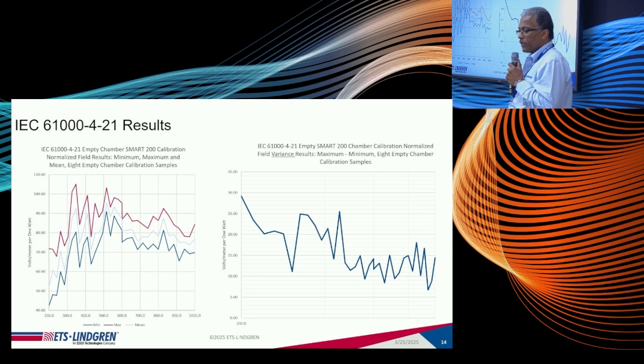So let's look at some of the first set of results. So this is the normalized field. You can see measured in volts per meter per watt on the left axis here. The red curve shows the maximum of the maximums of all 8 probe axes, you know, the 3 axes of each probe in all 8 probes, or all 8 probe positions. This shows the max of the maxes.